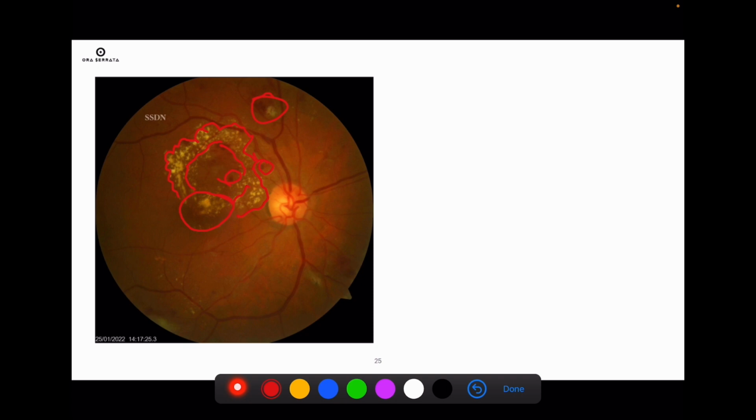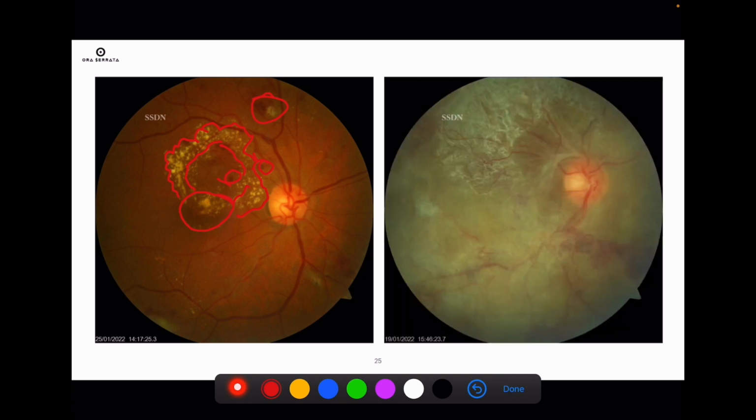So as the fluid filters out from the inner retina towards the sclera, these lipid precipitates at the margin, and these might remain for a very long time until they are phagocytosed by the microglial cells. And obviously, if we do not treat it at this stage, then it ultimately leads to proliferative diabetic retinopathy.